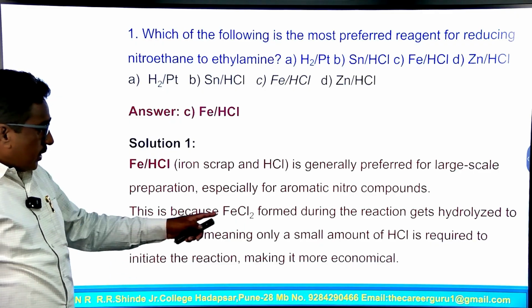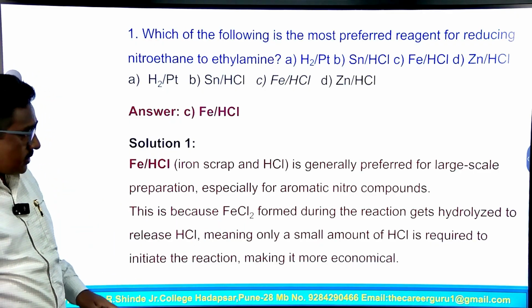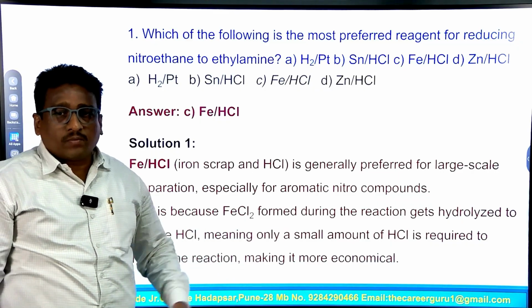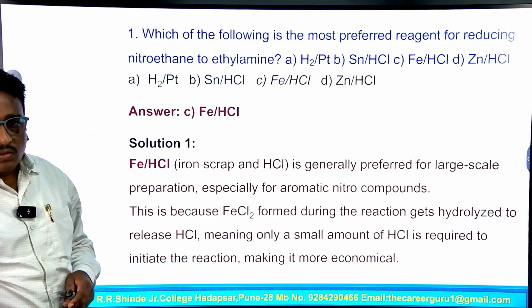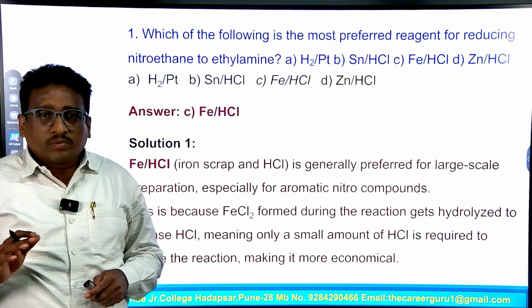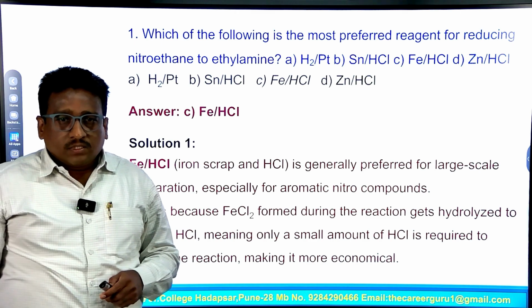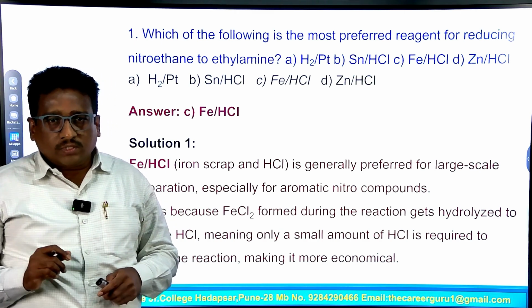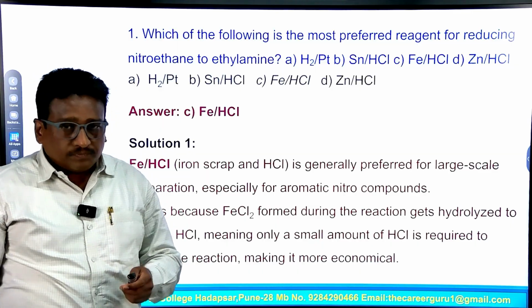This is because the FeCl2 formed during the reaction gets hydrolyzed to release hydrochloric acid, meaning only a small amount of hydrochloric acid is required to initiate the reaction, making it more economical for the production of amines. So, the correct answer of this MCQ is Fe/HCl.